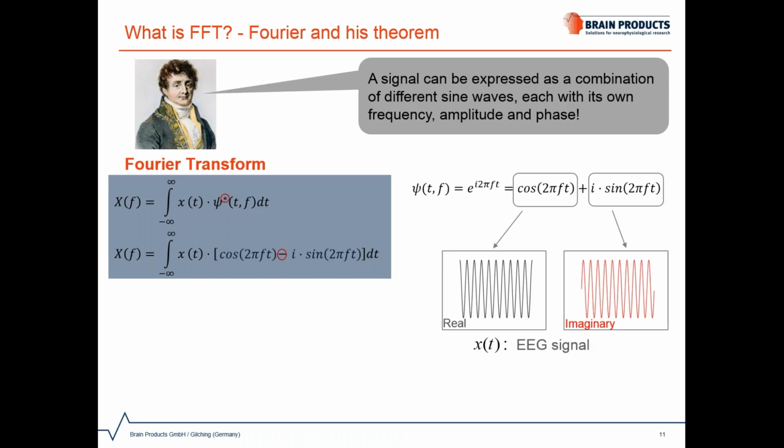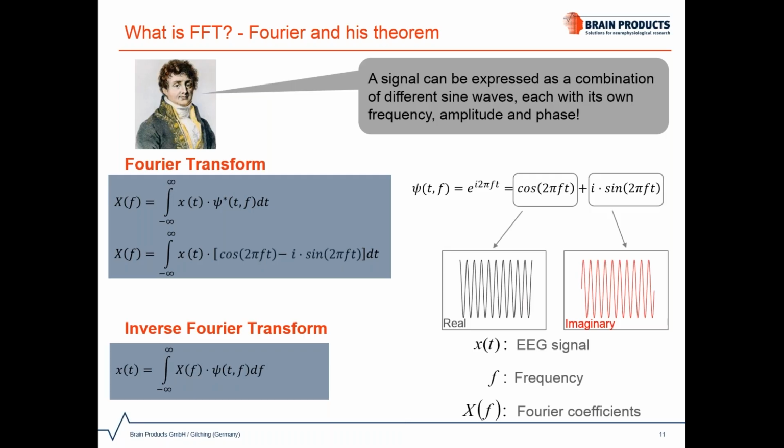And due to the complex sinusoids, the result of the computation will be a complex number per frequency, which are called Fourier coefficients. One can, of course, use these Fourier coefficients to recover the original time domain signal by using the inverse Fourier transform algorithm. But what do these Fourier coefficients tell us?